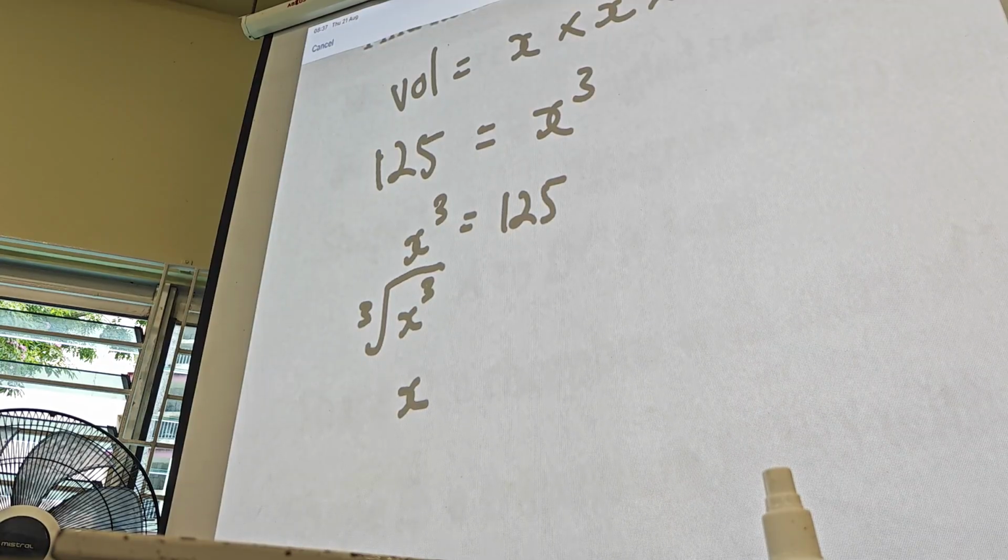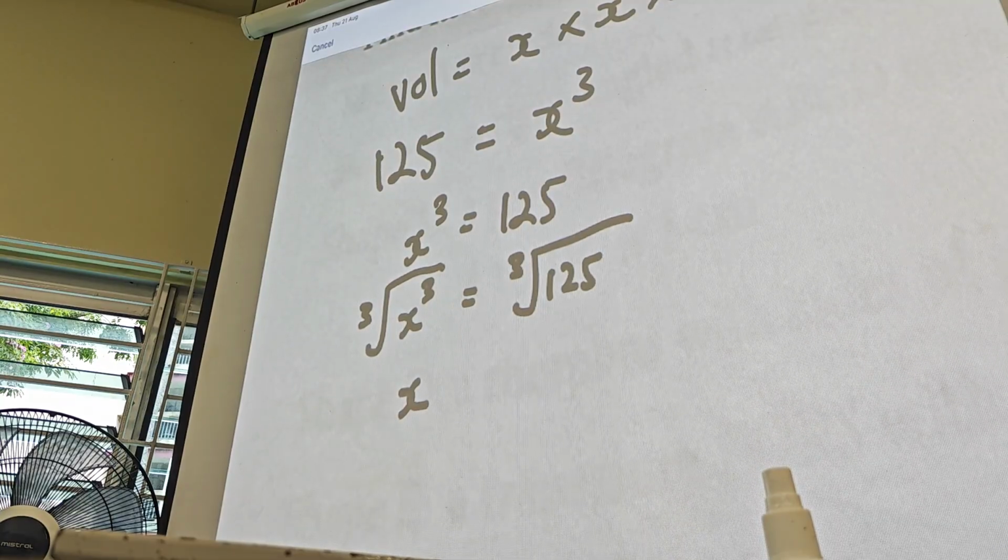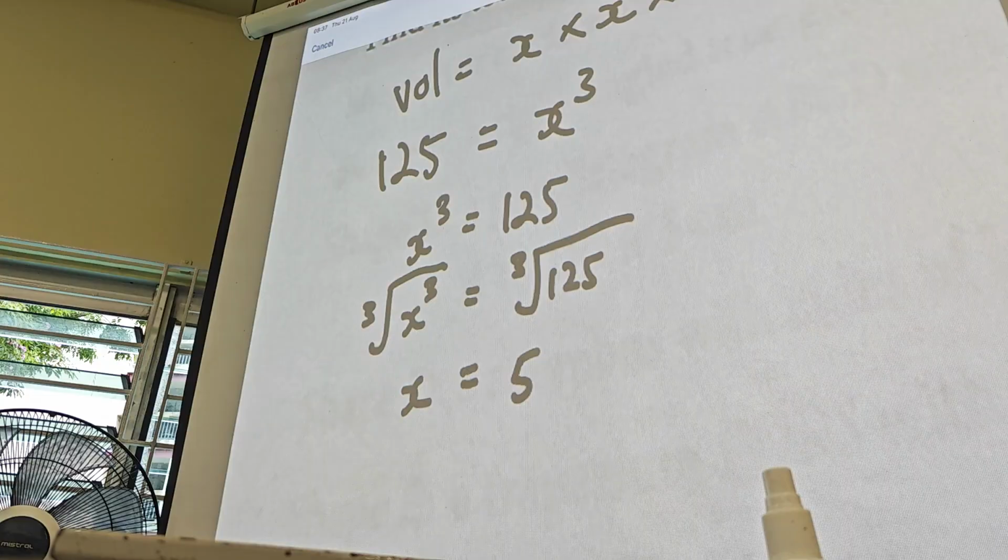Then my x cubed will cancel with my cube root, then become x. Because I want the left to be cube root, I must also do the same thing to the right. When I cube root 125, I press the calculator. Cube root 125 is something that my calculator can help me do. Then x is equal to 5.